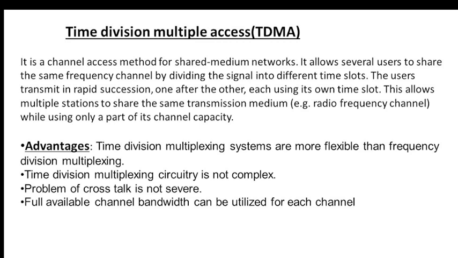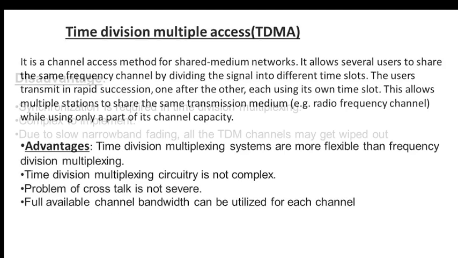The advantages of time division multiple access are: time division multiplexing systems are more flexible than frequency division multiplexing. Time division multiplexing circuitry is not complex. The problem of crosstalk is not severe. The full available channel bandwidth can be utilized for each channel.